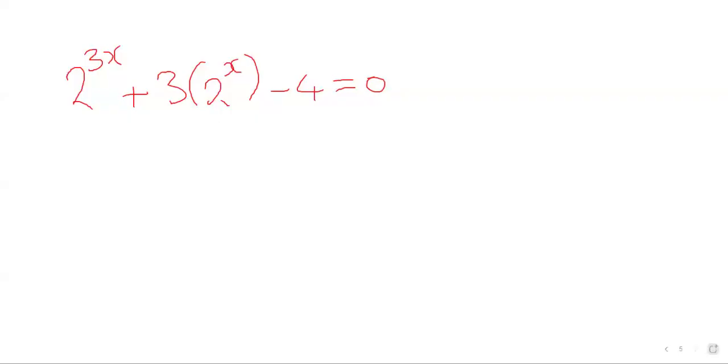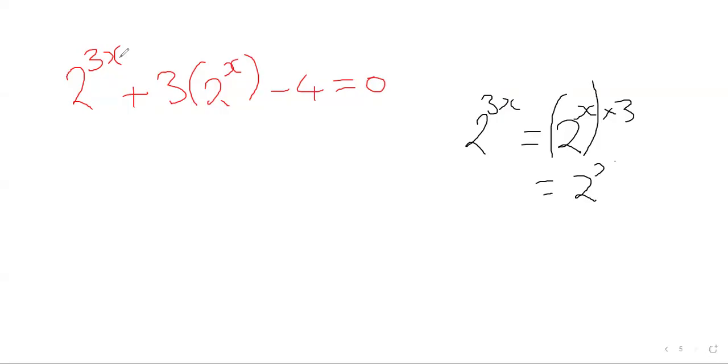Here, when we look at this, we have 2^x, but here we have 2 to the power 3x. But 3x is the same as 3 times x, meaning that 2 to the power 3x is the same as 2 to the power x multiplied by 3, which you can put in brackets like this: (2^x)^3.